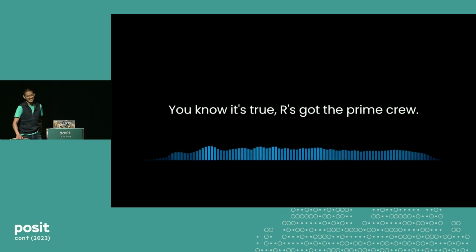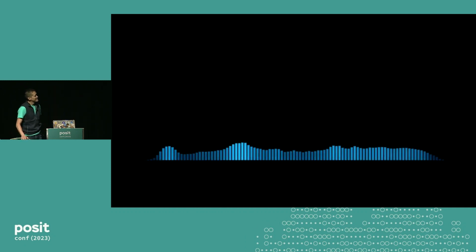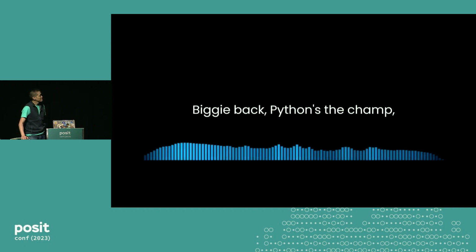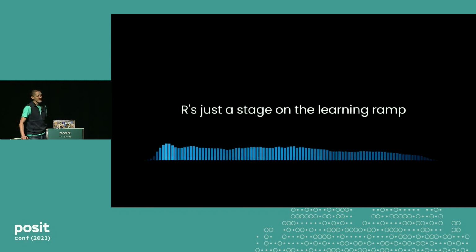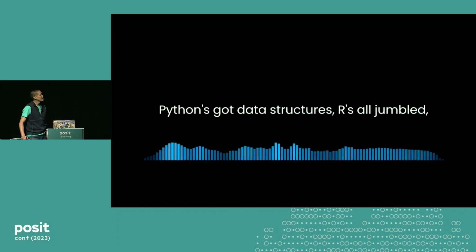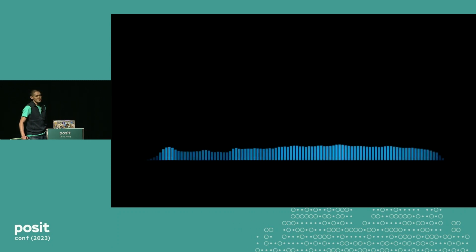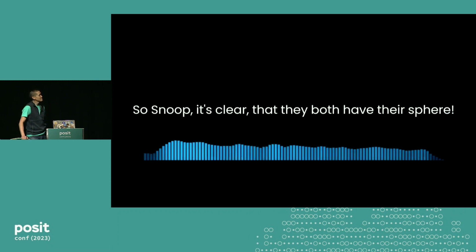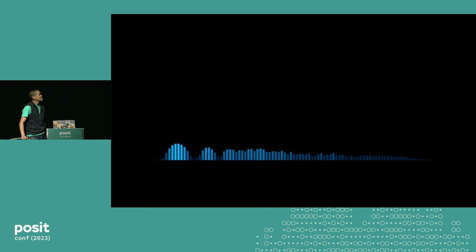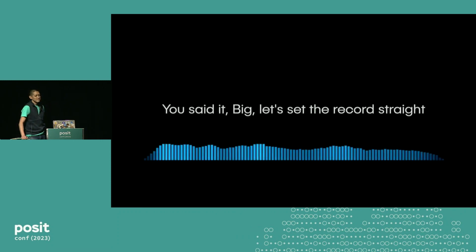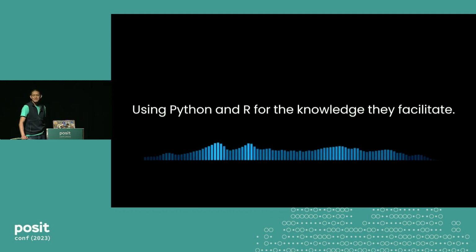You know it's true, R's got the prime crew. Biggie back, Python's the champ. R's just a stage on the learning ramp. Python's got data structures, R's all jumbled. Your R's a stumble, my Python's humble. So Snoop, it's clear that they both have their sphere. You said it big, let's set the record straight. Using Python and R for the knowledge they facilitate.